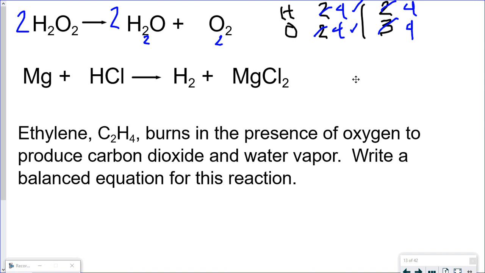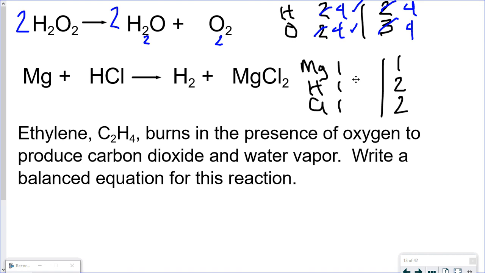We have magnesium and hydrochloric acid producing hydrogen and magnesium chloride. On both sides, we have magnesium, hydrogen, and chlorine. On our reactant side, we have one of everything. On our product side, we have 2 hydrogens, 1 magnesium, 2 chlorines.